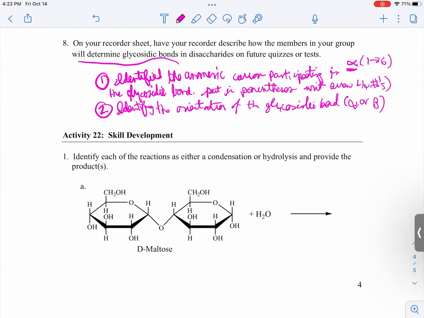And you place that before the parentheses. All right.